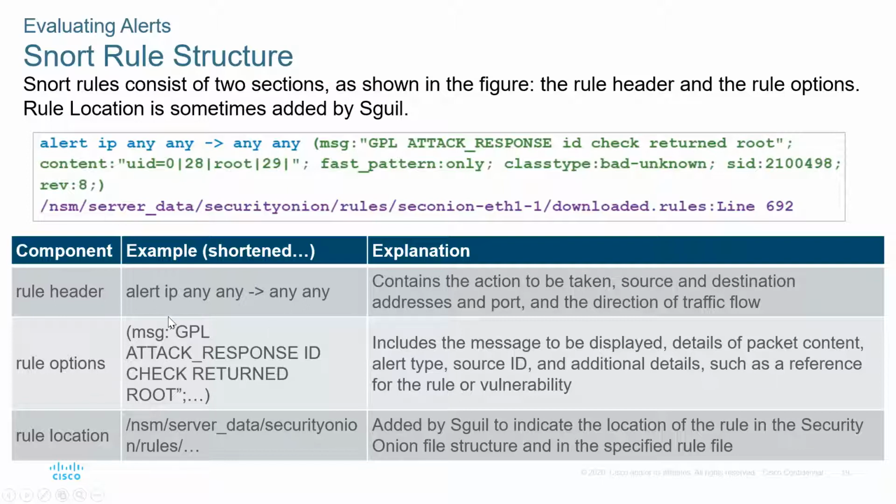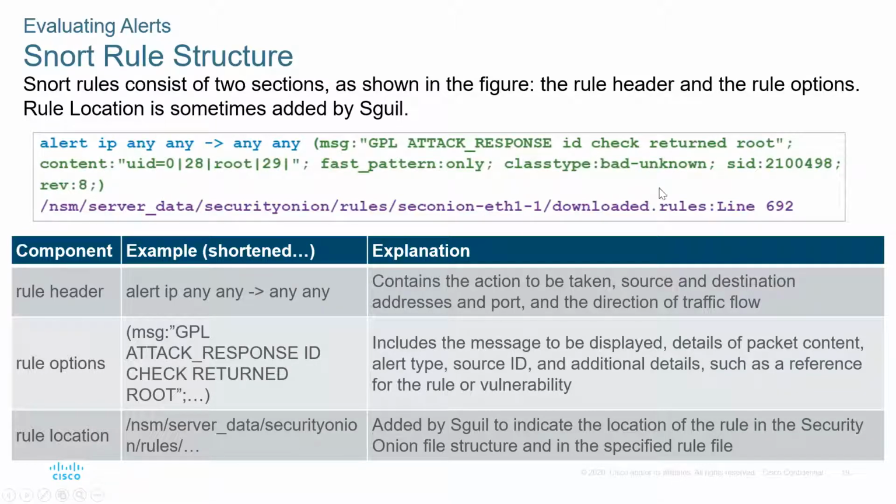We have a rule option. In this case, the message is GPL attack response ID check returned root. This is going to include any kind of messages that need to be displayed, details, packet content, source ID, and any additional things that reference this particular rule. And then the rule location down here is the file that contains the rule, and that's added to indicate the location of it.